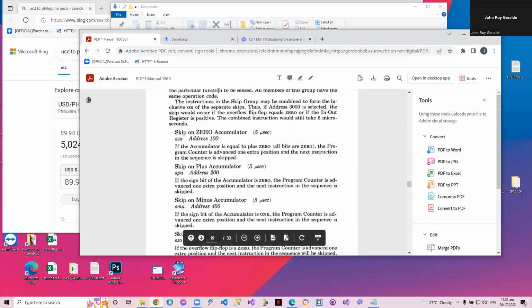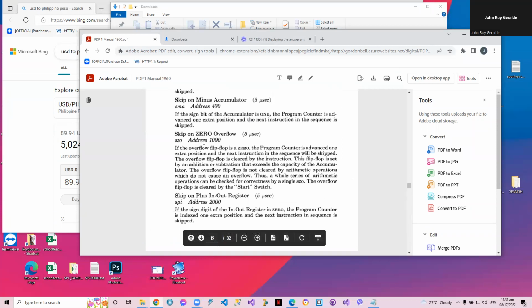Fortunately, the skip on zero accumulator can be an equivalent of a jump minus. Although the DEC PDP-1 also has its own jump plus because it has a skip on plus accumulator, which means you can do both top down and bottom up looping in the PDP-1.